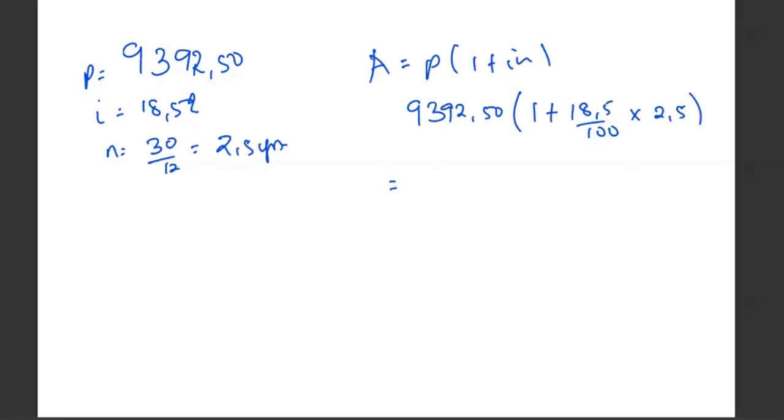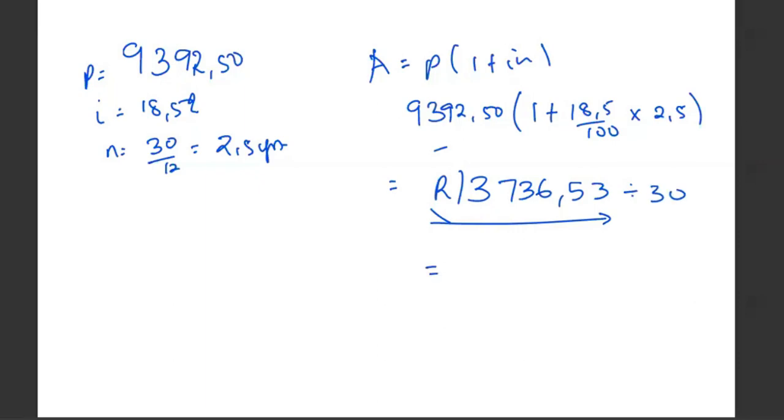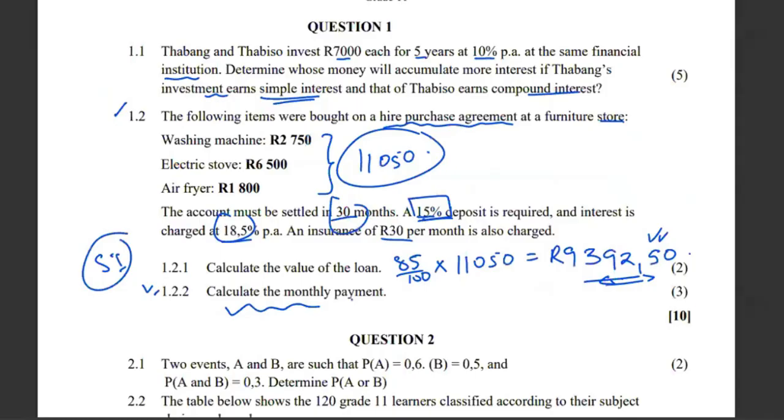When I punch this into my calculator, that gives me 13,736.53. So this is the total amount that must be paid back. Let's divide this by 30 to get how much we're going to pay per month. So dividing by 30, this becomes 457.88 rand. All right, that is how we would have answered that for the 3 marks.